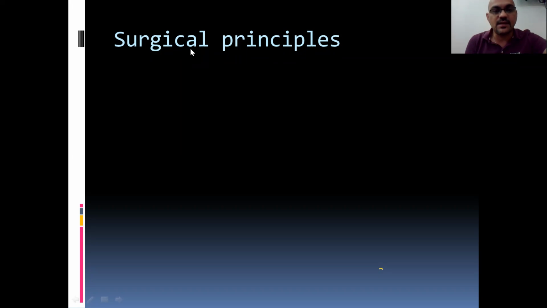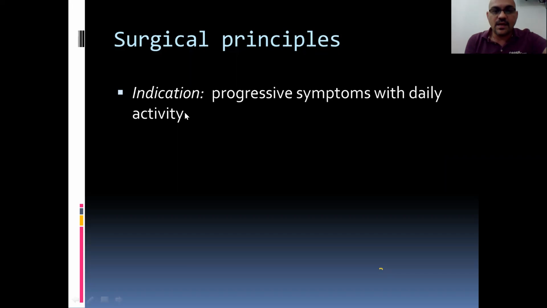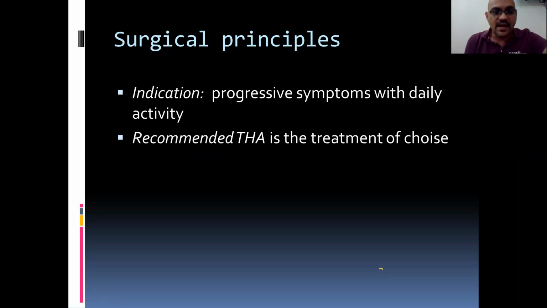Physical therapy focuses on strengthening the muscles of the hip flexors, abductors, and lumbar spine. The operative indication is a progressive symptomatic condition that affects activities of daily living, and total hip replacement is especially recommended. However, in young adults, there are some salvage procedures on the acetabulum, and or associated with a femoral osteotomy.